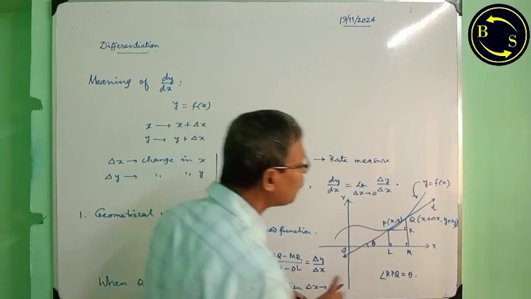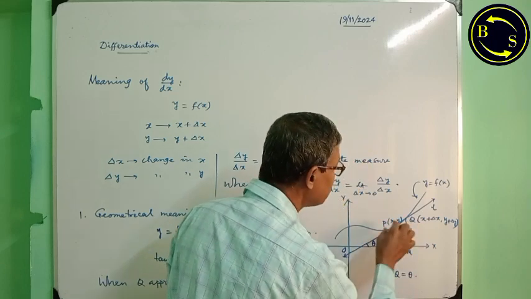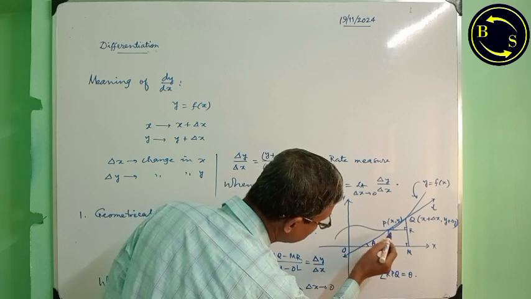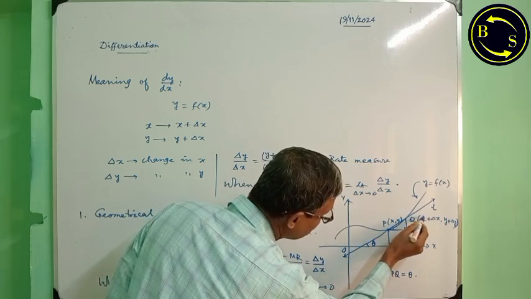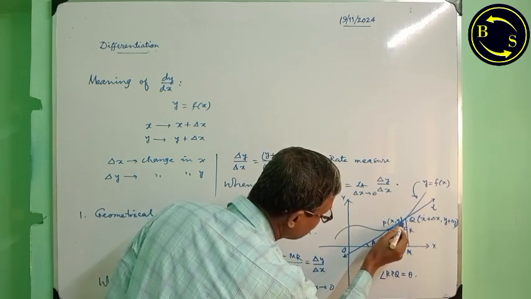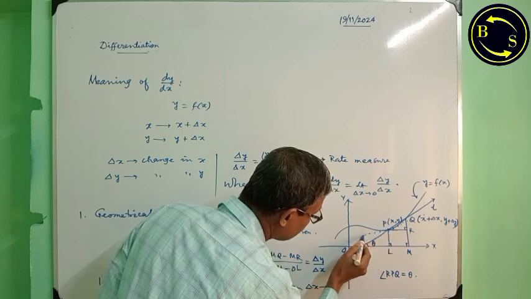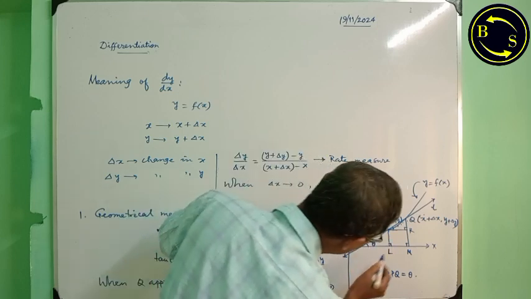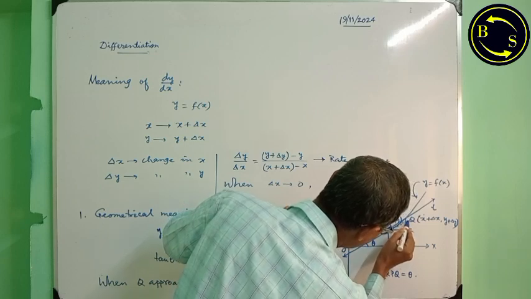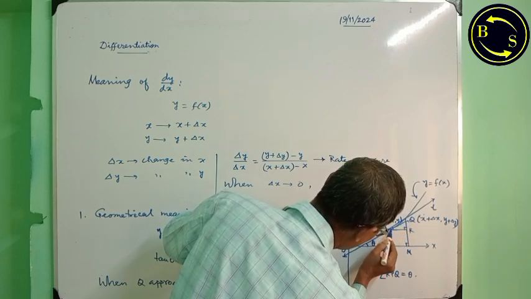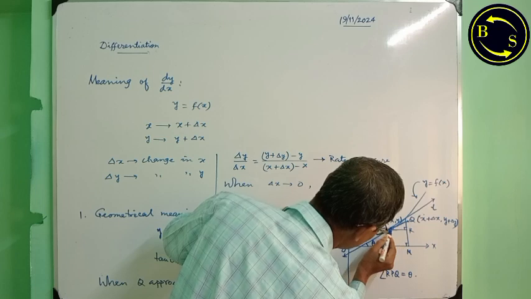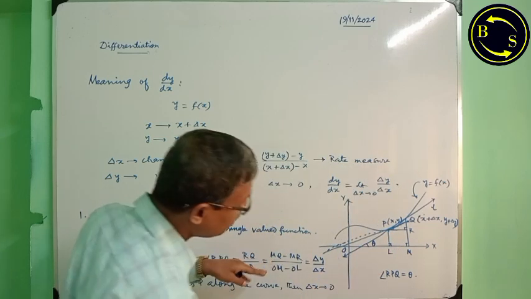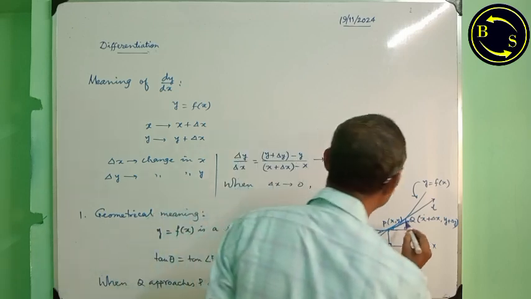You see, when Q approaches P, the straight line will be like this. The straight line will be a tangent.